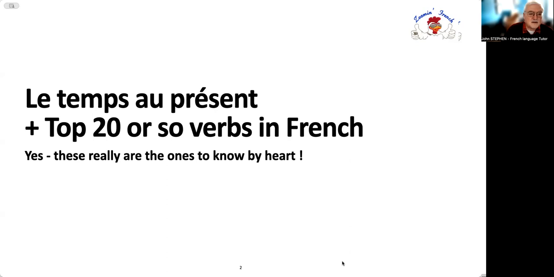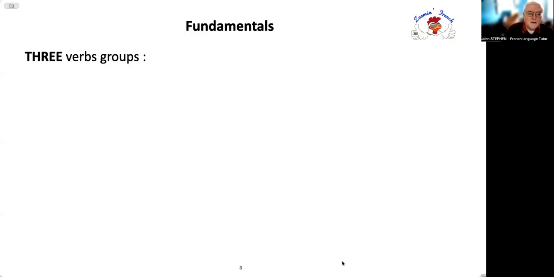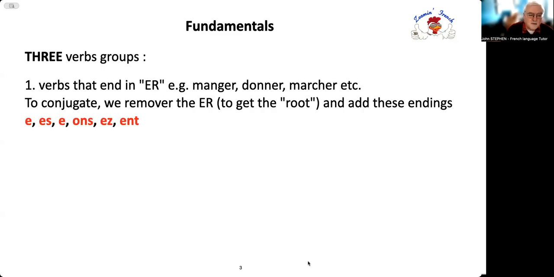Okay, let's get started. I'm going to go through the fundamentals. So there are three verb groups in French. The first one is called the ER group, the ones where verbs end in the letters ER. And I've given you three examples there.